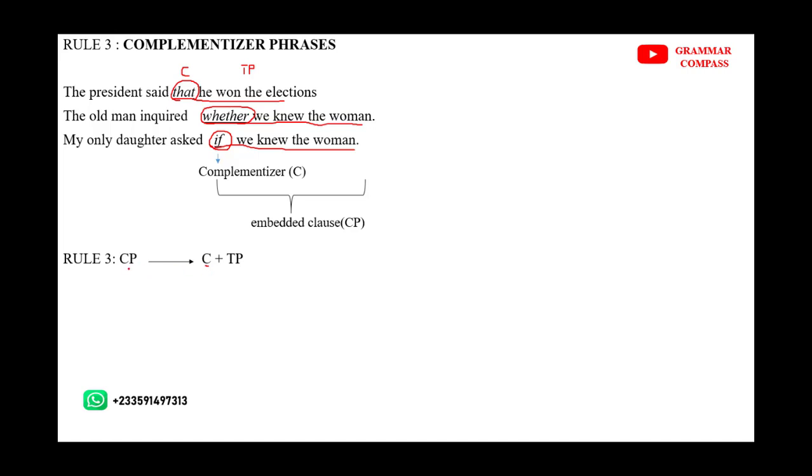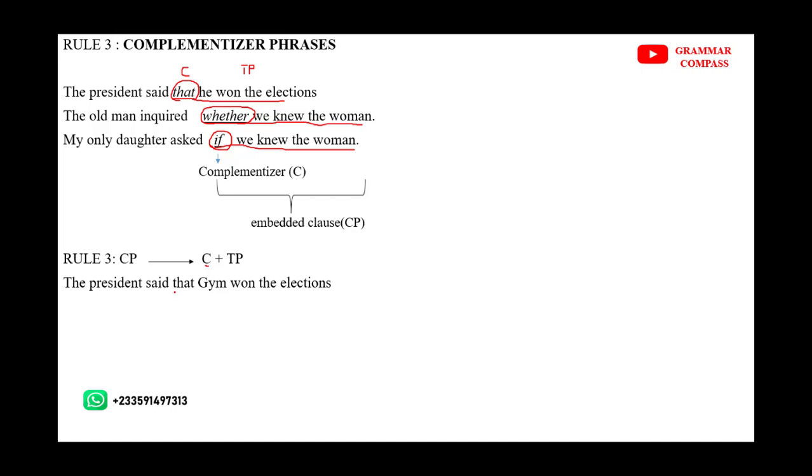So whenever you see a complementizer phrase embedded in a clause, then that complementizer phrase is going to generate this tree. You are going to create a branch for your complementizer, and then another branch for the clause, that is the tense phrase after the complementizer. Let us look at another example. The president said that Jim won the elections. Can you identify the complementizer phrase?